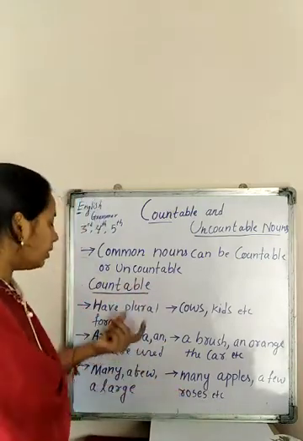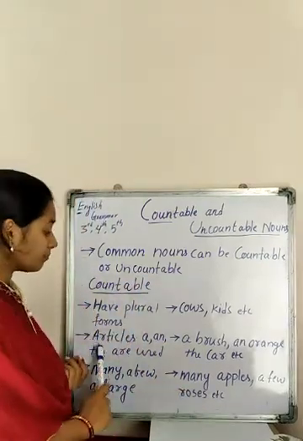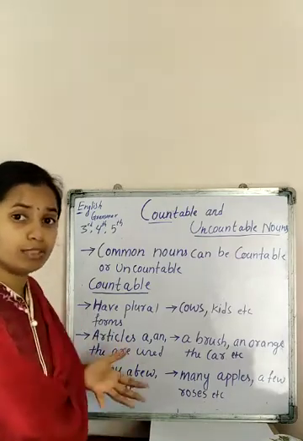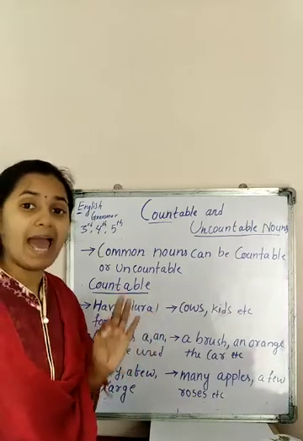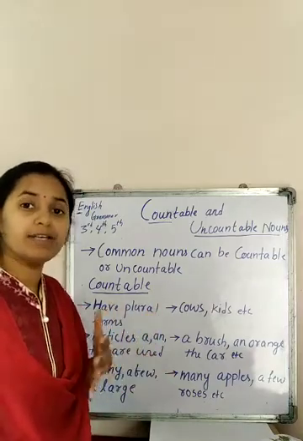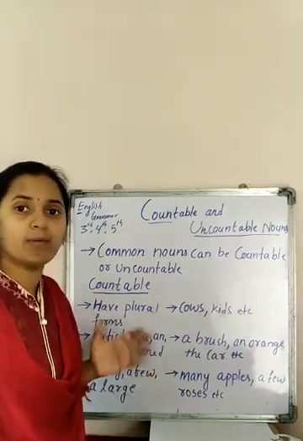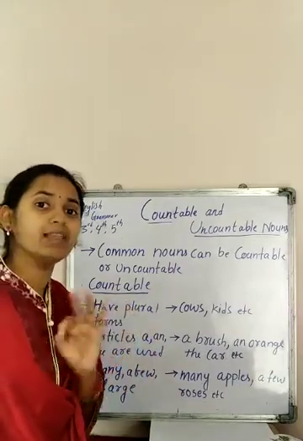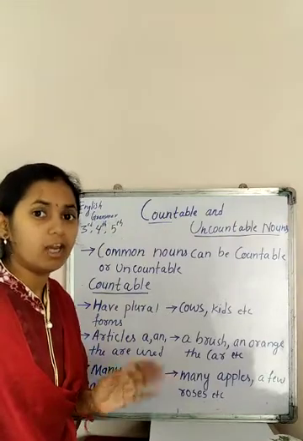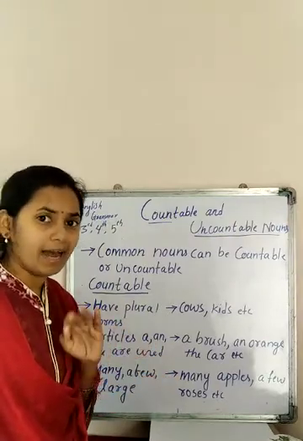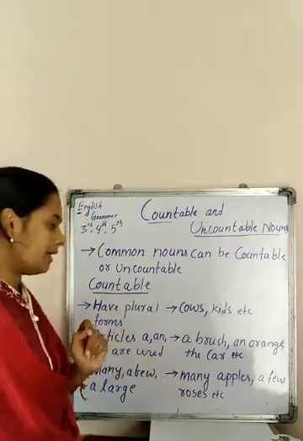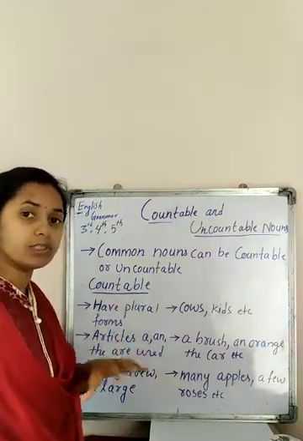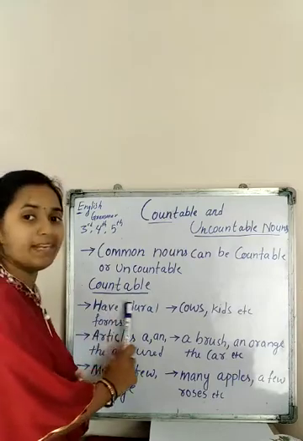Now, coming to the second point, countable nouns: articles can be used. What are articles? A and the. In another class, we will discuss these articles in detail. A and the are your articles. The articles a and the are used before your countable nouns.